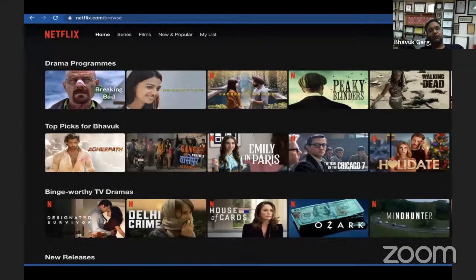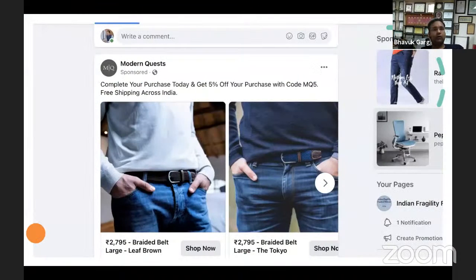Like this, you go to Netflix, and Netflix can suggest, based upon your history and the choices of movies you have seen, similar movies. Similarly, if you browse a certain product, then on Facebook these products keep coming up.